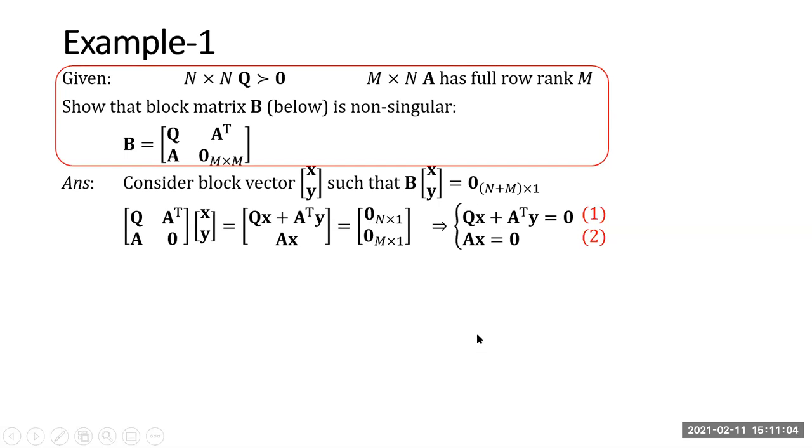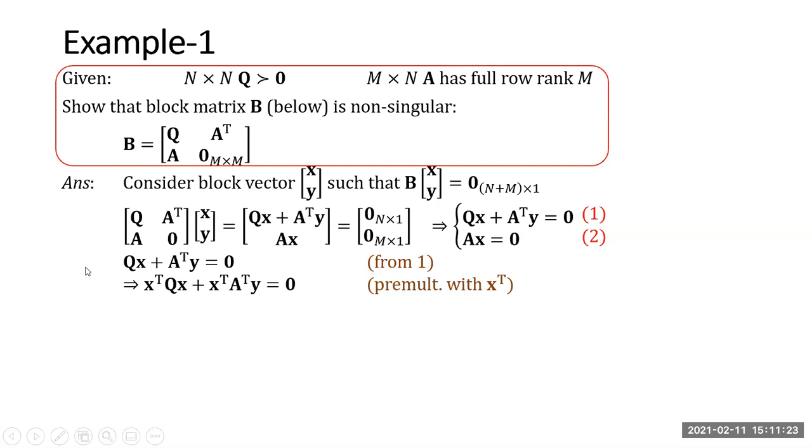So Qx plus A transpose y equals 0 is equation 1, and Ax equals 0 is equation 2. From 1, pre-multiplying both sides with x transpose, we get x transpose Qx plus x transpose A transpose y equals 0.